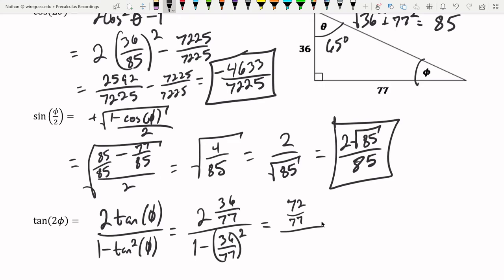On bottom, let's see, 77 squared is 5929.